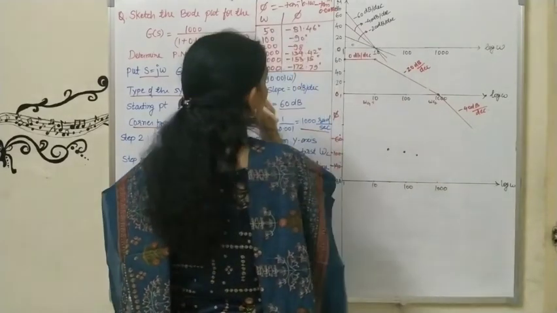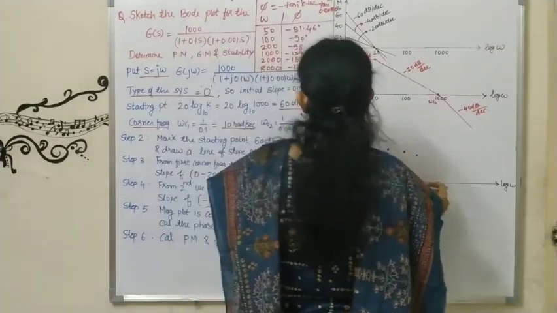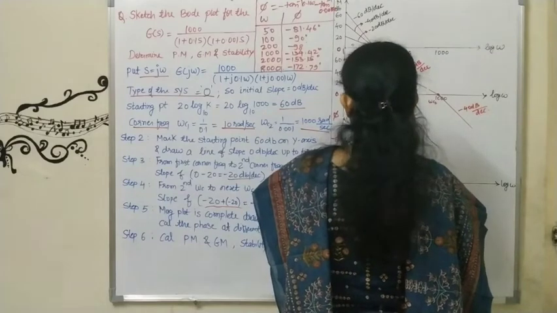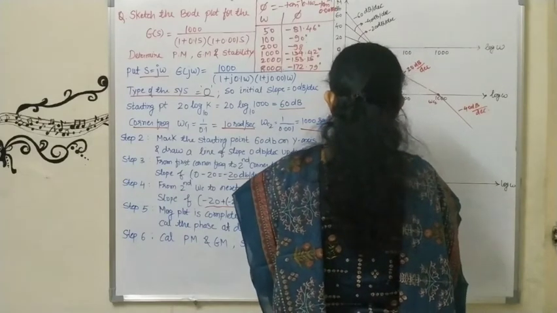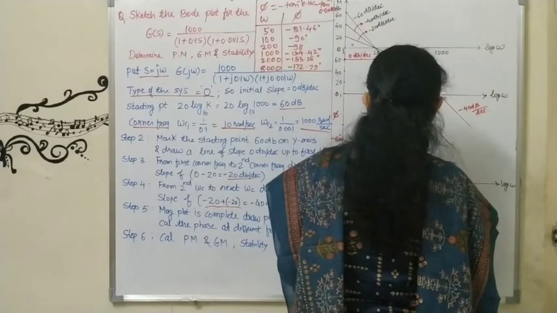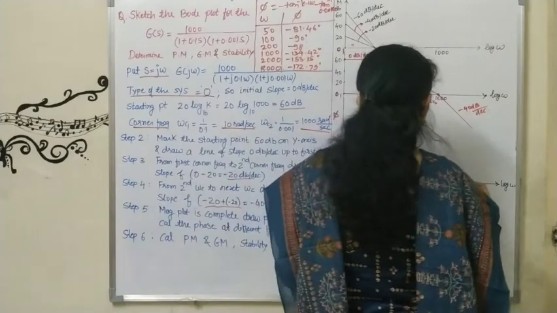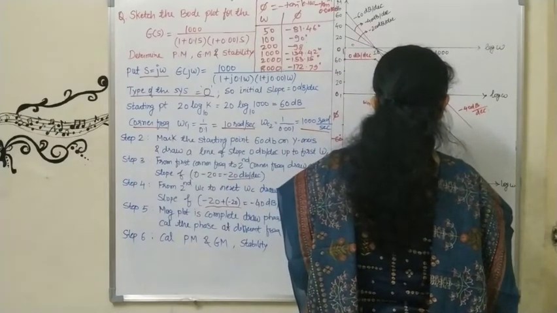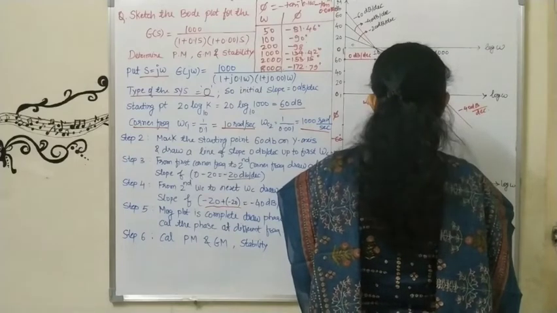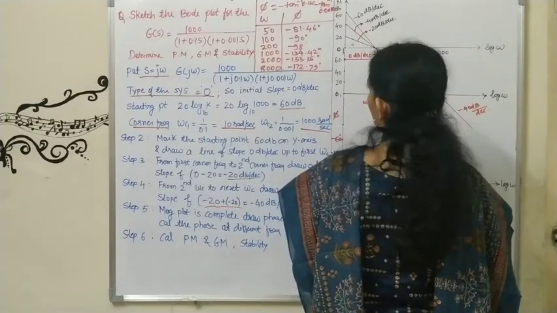Then for 1000, minus 134.42, so this is my 1000 and it may be here. Then for 2000, minus 153; the second vertical line after 1000 is 2000, so I am showing minus 153 here.